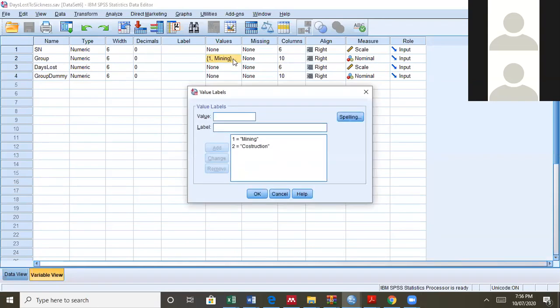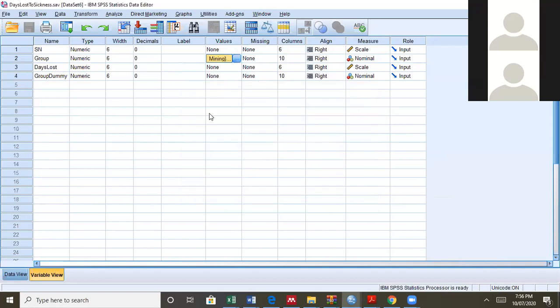You have to come to this place and click and now put 1 and call it what you want to call it. You label here, you say add. Then 2, you label what 2 means. You add until you do everything and say okay, and it will appear like so. That is when you analyze it, you bring the name out.